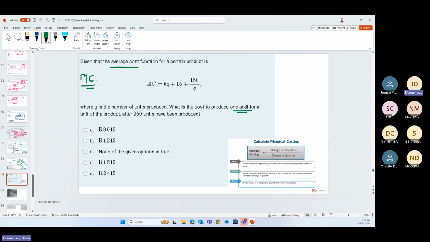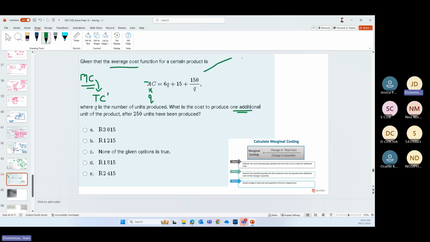To get to marginal cost, we will need to get total cost and then we differentiate that. Okay, so how to get from average cost to total cost? We will multiply by Q. So this whole formula, we will need to multiply by Q so that we can get to our total cost.